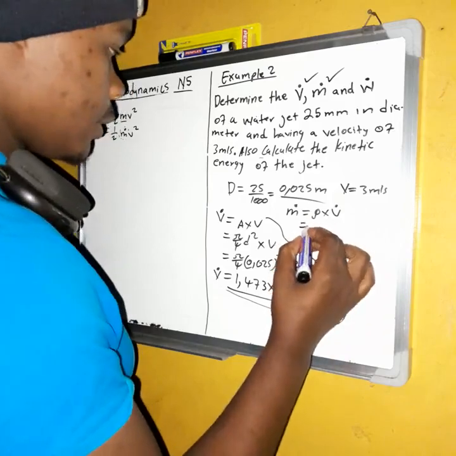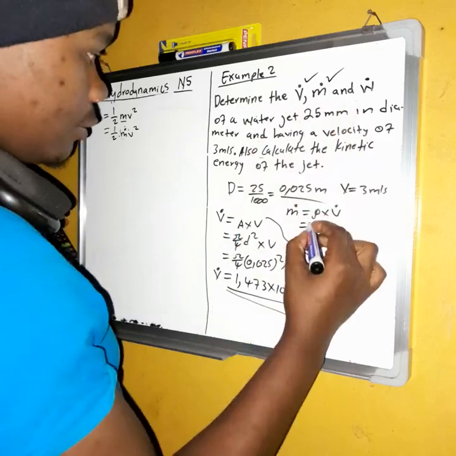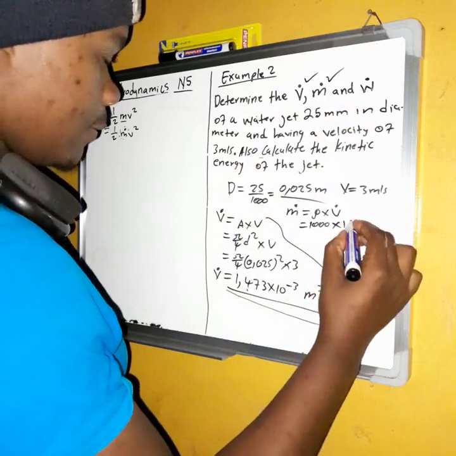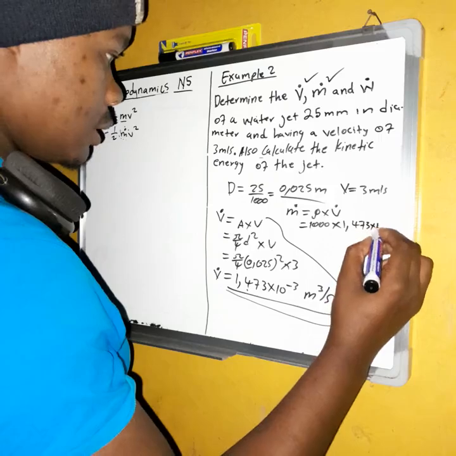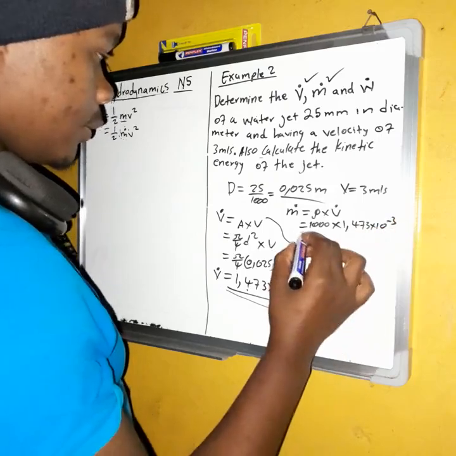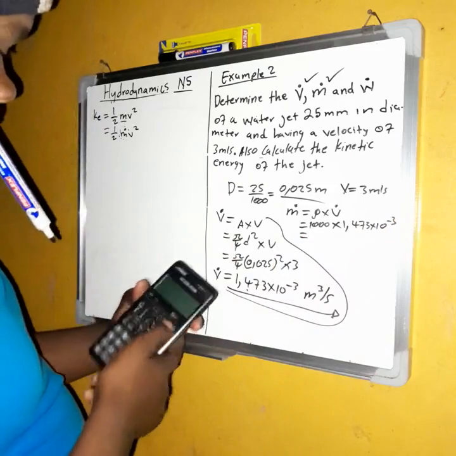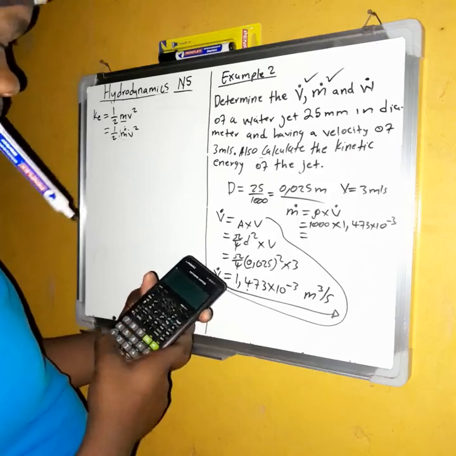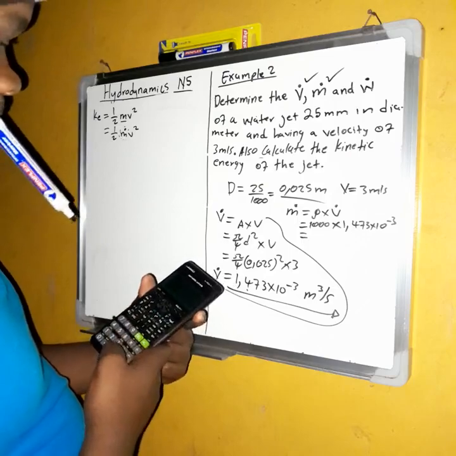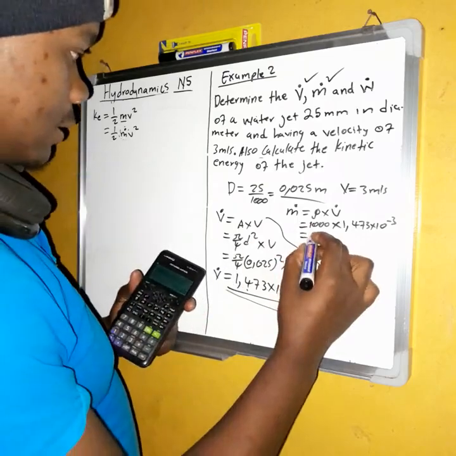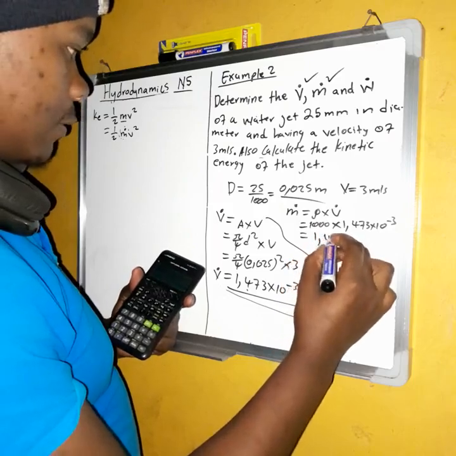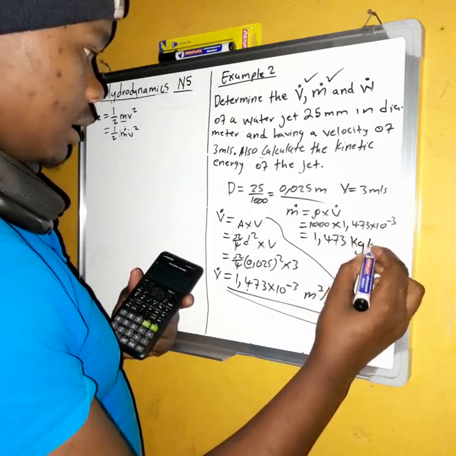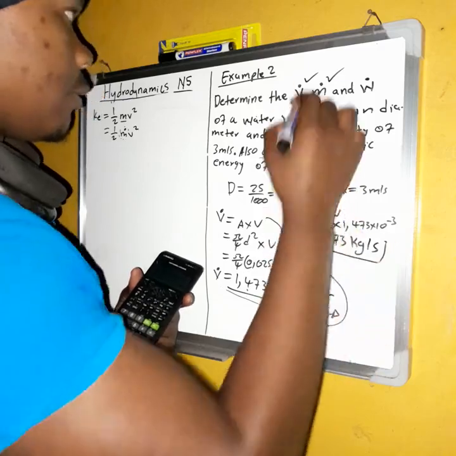The density of water is 1,000, multiplied by 1.473 times 10 to the minus 3. We have this as 1.473, measured in kg per second. We are done with that.